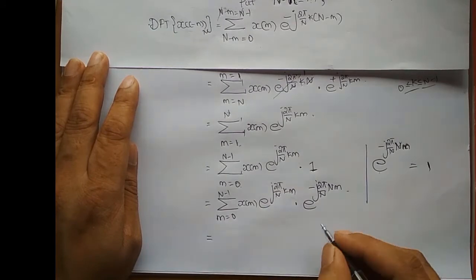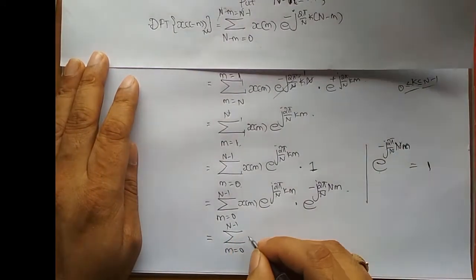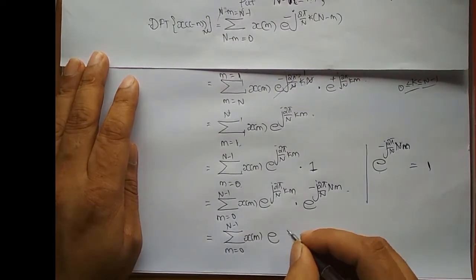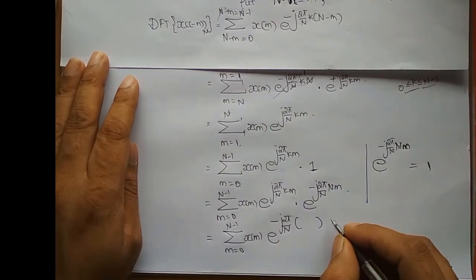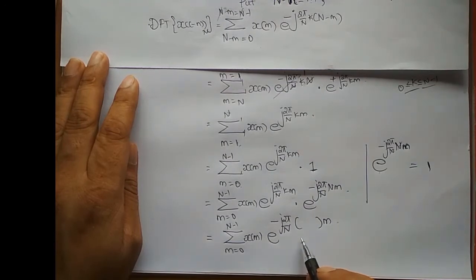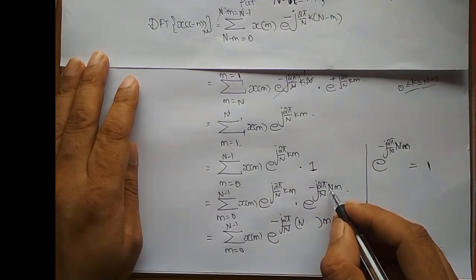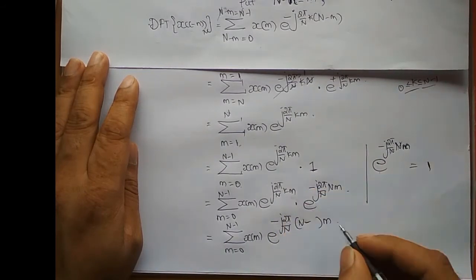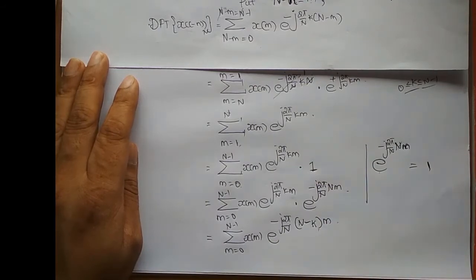So in the next step, I'll write summation m varying from 0 to n minus 1 x of m e power minus j 2 pi by n m. These are the terms I'm going to take common. What is the left out term? It is e power minus j 2 pi by n into n, and what do I get? Minus into minus plus e power j 2 pi by n into k. Right?